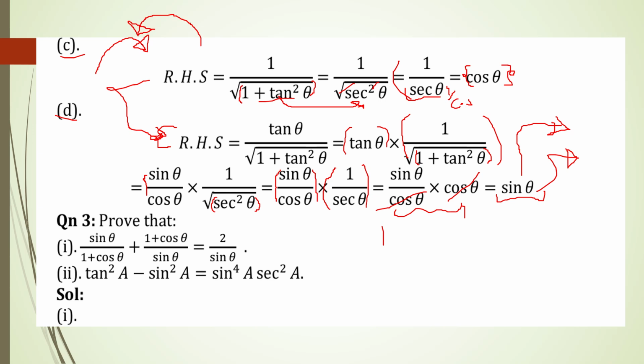Here you are provided that sine theta divided by 1 plus cos theta, plus 1 plus cos theta divided by sine theta, is equal to 2 divided by sine theta. We are supposed to prove that our left hand side is equal to our right hand side. We also do the same for part 2. So let's start with solution number 1.